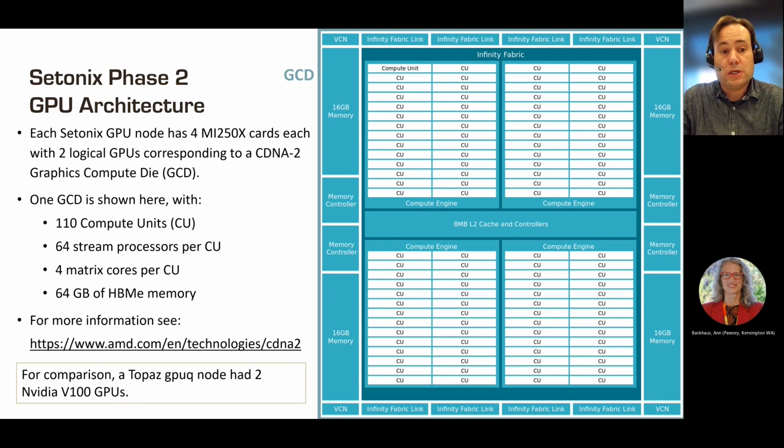So you can see each GCD has 110 compute units with 64 streaming processors per compute unit and 4 matrix cores per compute unit, as well as 64 gigabytes of memory. For more information on the GPU architecture, we recommend having a look at AMD's CDNA2 white paper that goes into a lot of detail. For comparison, the Topaz GPU queue nodes had 2 of the NVIDIA V100 GPUs.